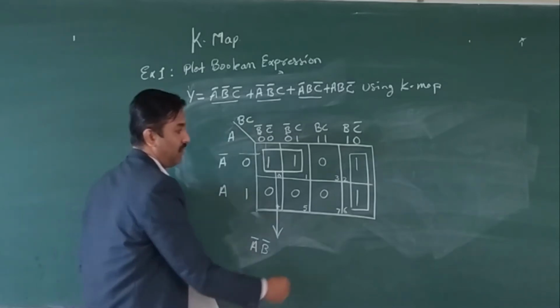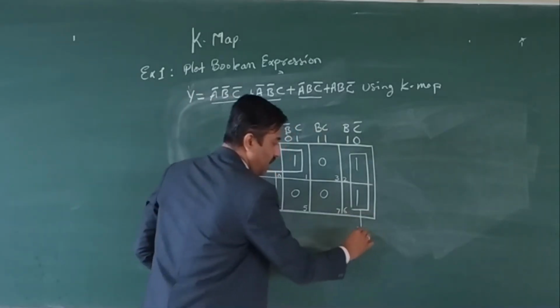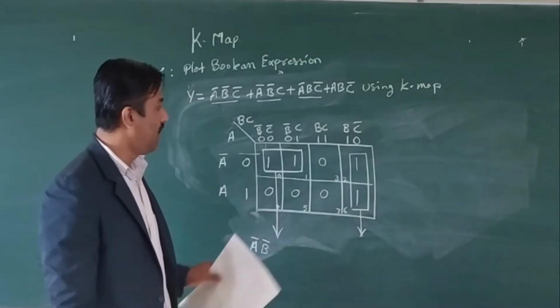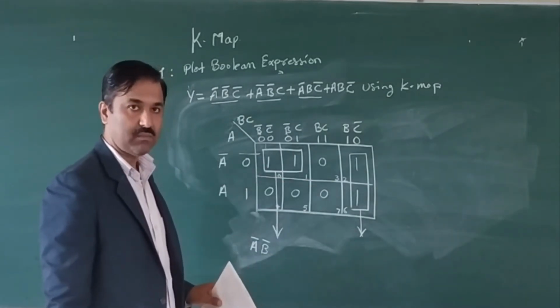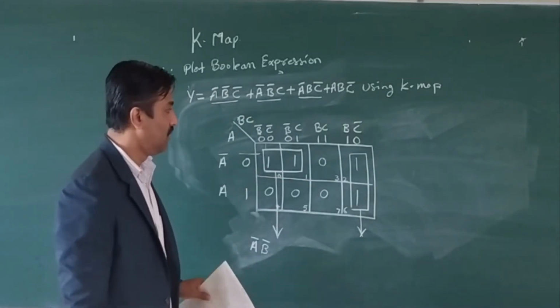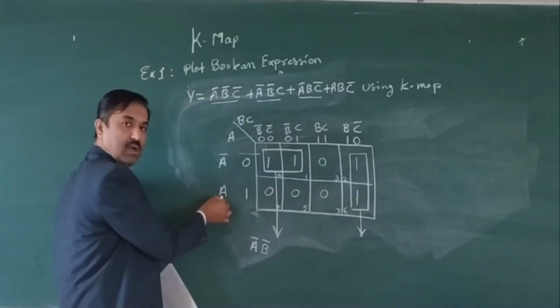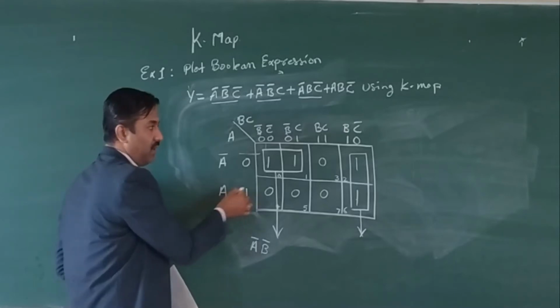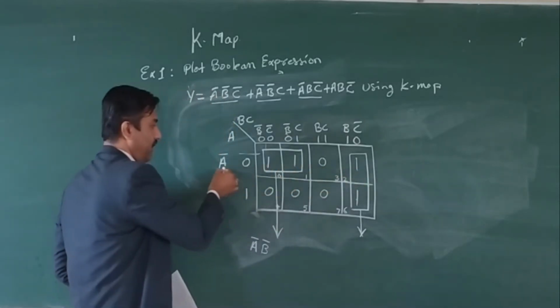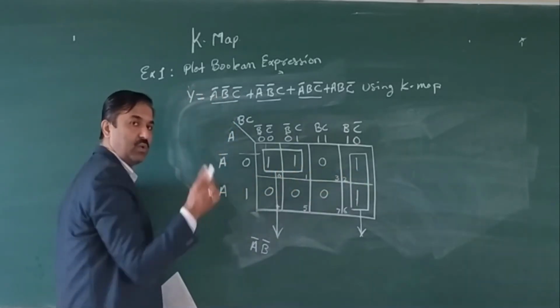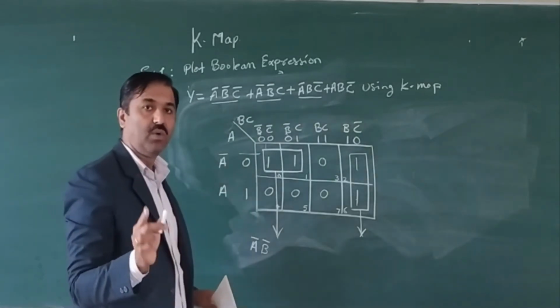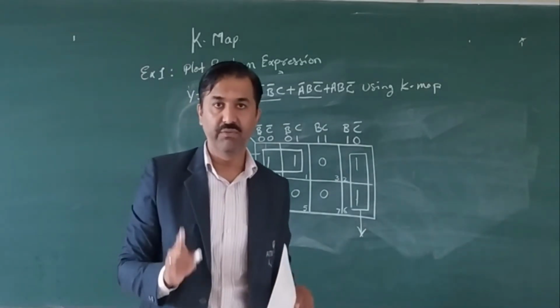Getting? Now coming to this particular term, what is there now? Yes, if you look at this one, the variable is A. For this one, the variable is A bar. As I told you, a variable can hold only one value at a given point of time.